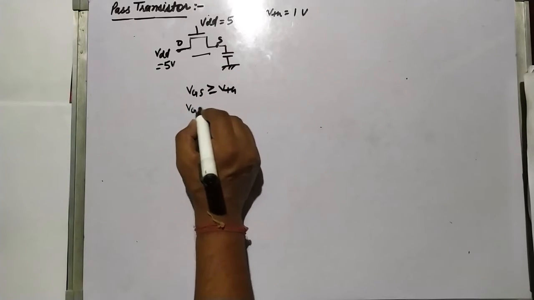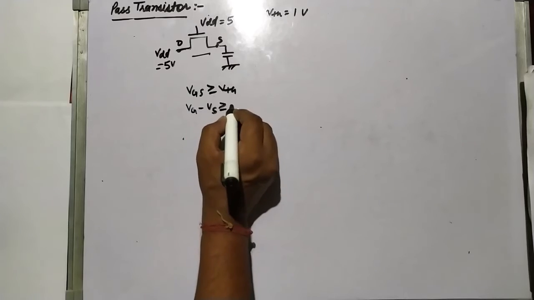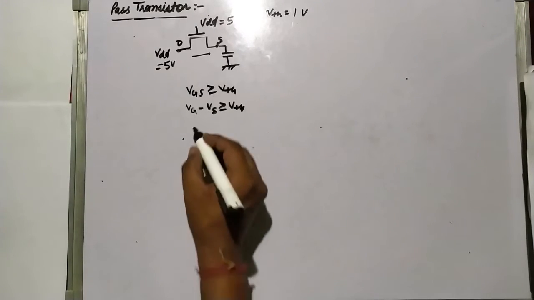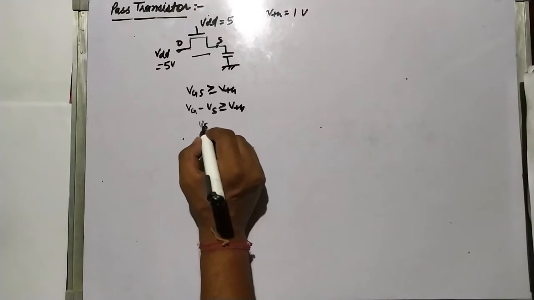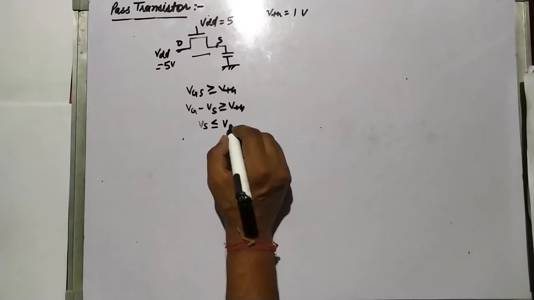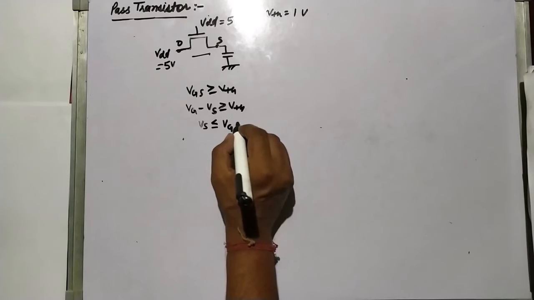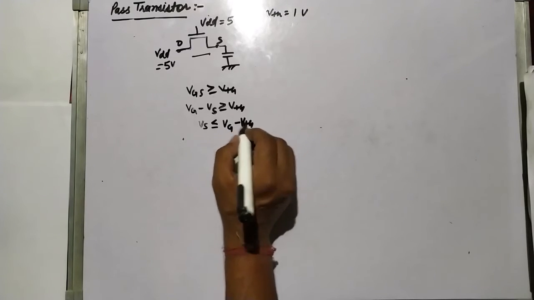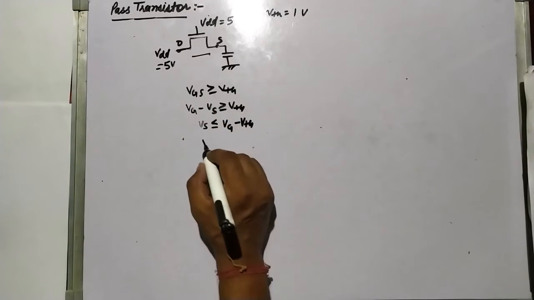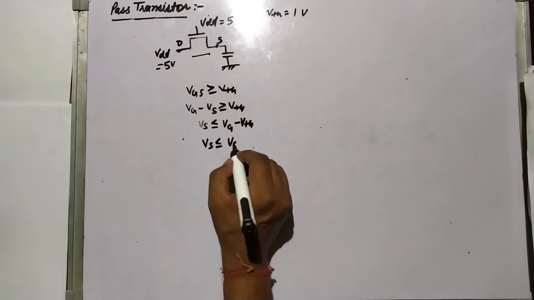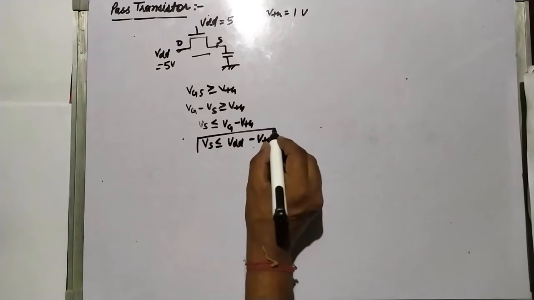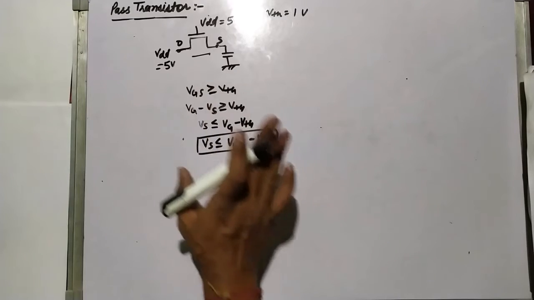Means VG minus VS greater than or equal to VTH, or we can say that VS is less than or equal to VG minus VTH. And the VG I am taking as VDD, so VS must be VDD minus VTH; up to this condition my transistor will conduct only.